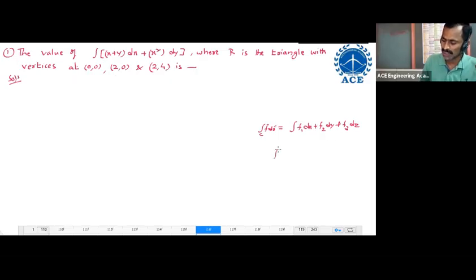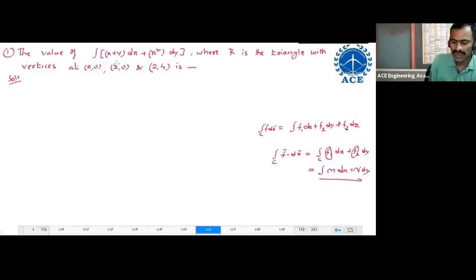If it is 2D, the integral over C of F dot dr equals the integral over C of f1 dx plus f2 dy, where f1 and f2 are functions of x and y. It is also the same as the integral of M dx plus N dy. So our given integral is in this form.